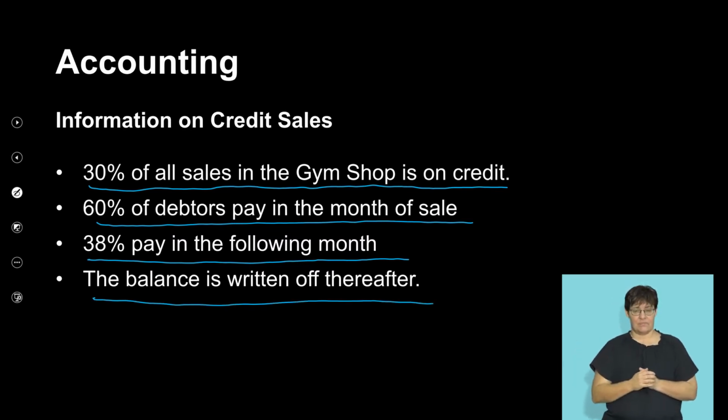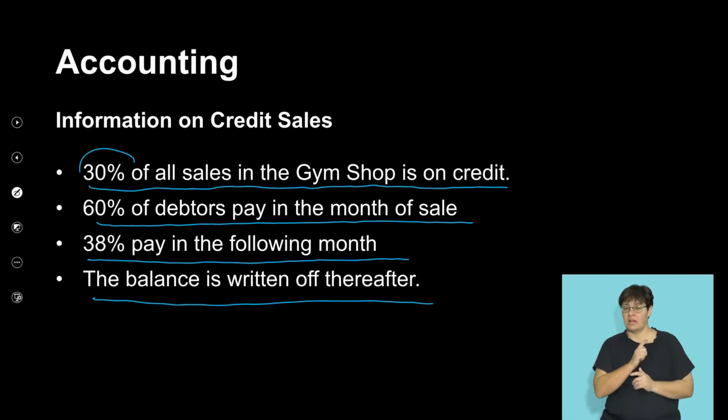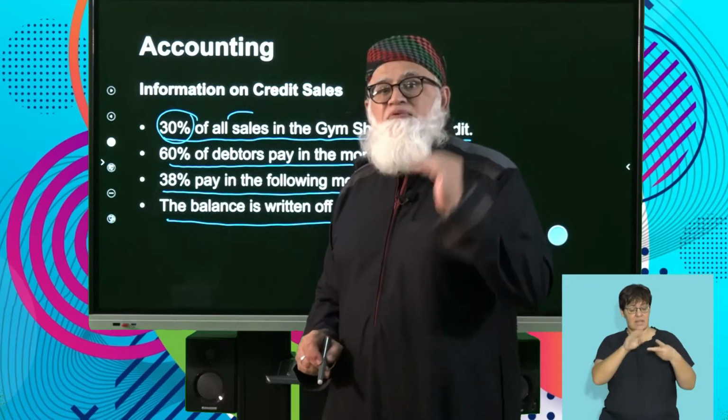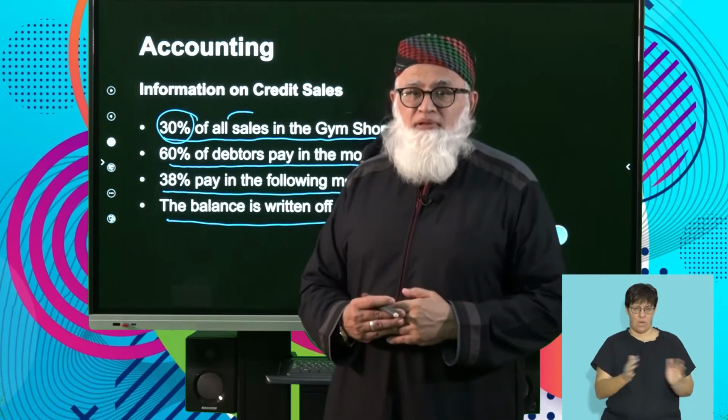Right, so this is important when it comes to your debtors collection schedule. What is critical, number one, is credit sales. We are told 30% of all sales is on credit. So we've got the first item that we need. Then the proviso, how are my debtors paying their bills, right?